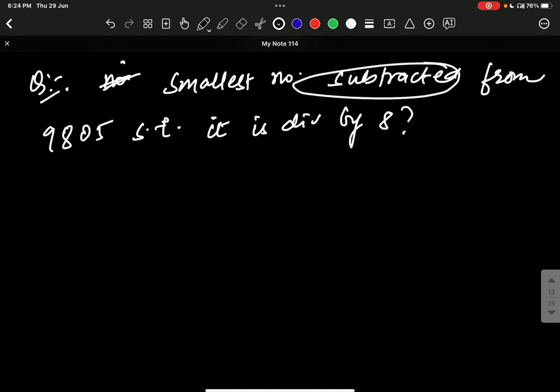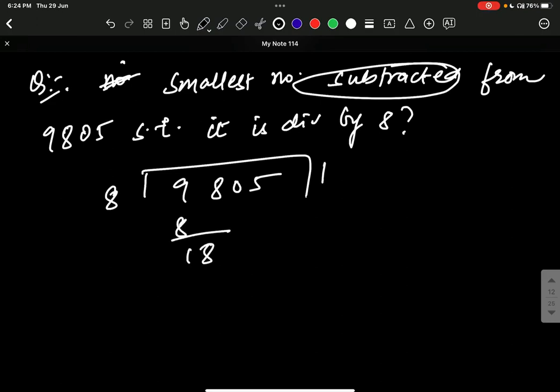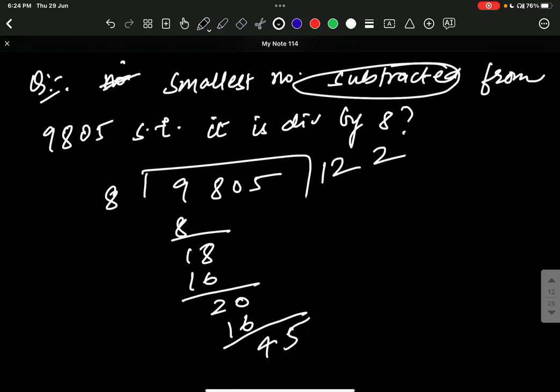Now they are asking what should be subtracted. So divide 9805 by 8. करो, क्या आएगा? 1, 2, 16, then 2, 16 again और ऊपर से 5 आ गया, फिर 5 पे चला लो, so 5. So here the answer is 5. So 5 should be subtracted.